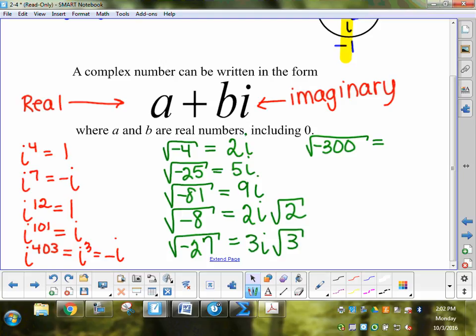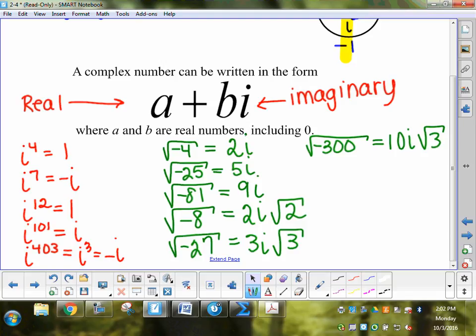How about the next one, square root of -300? We're there, hopefully. Outstanding. Hang on, I'll show you right now.